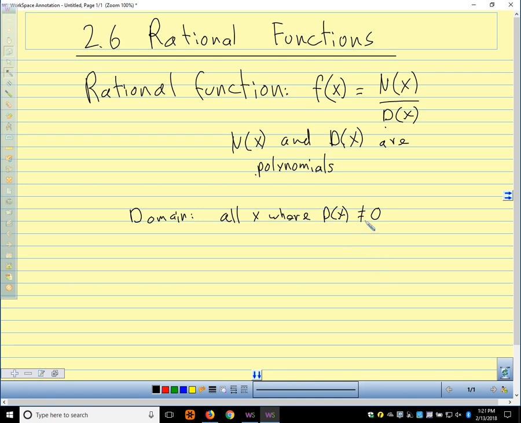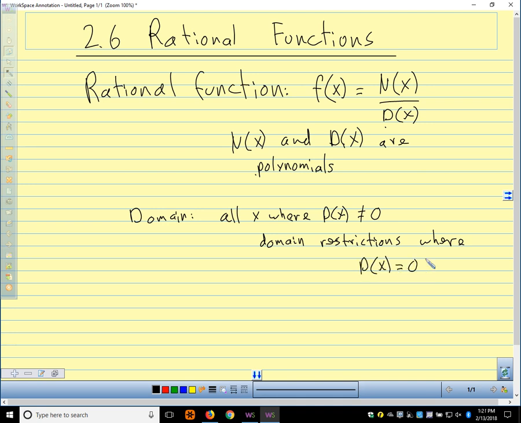And I want to contrast that because often students confuse the two. Our domain is all x where d of x is not 0. Our domain restrictions are where d of x does equal 0.